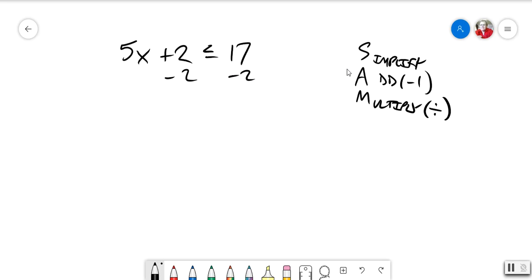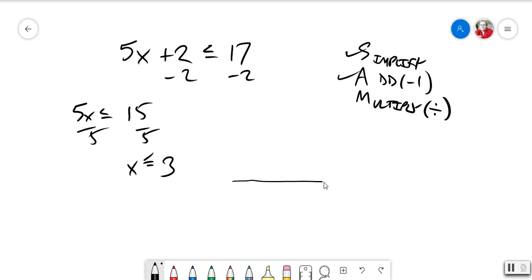No simplification to be done. Do the addition. 5x is less than or equal to 15. Divide out. X is less than or equal to 3. 15 over 5 is 3. Now, if I would have divided by a negative number, it flips the direction of the sign. You always have the x on the left.